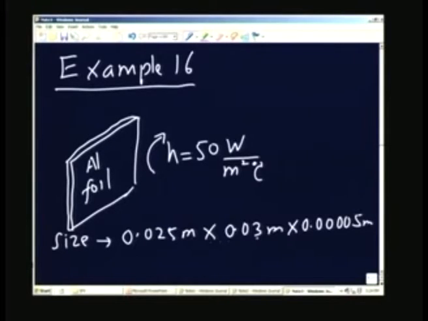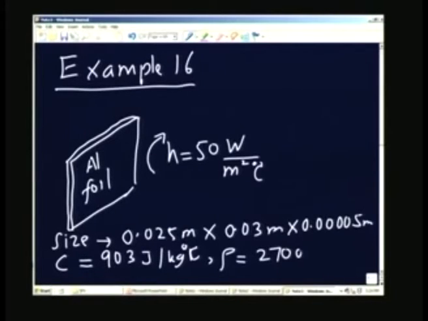Okay, this is the size of the foil, and the foil is losing heat with a heat transfer coefficient h equal to 50 watts per meter squared Celsius. And the properties of aluminum: the specific heat capacity C is 903 joules per kg Kelvin or kg degree Celsius, and the density of aluminum is 2700 kg per cubic meter.